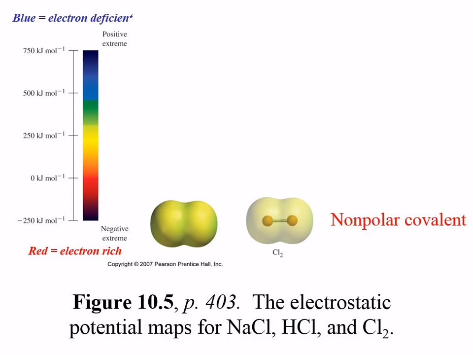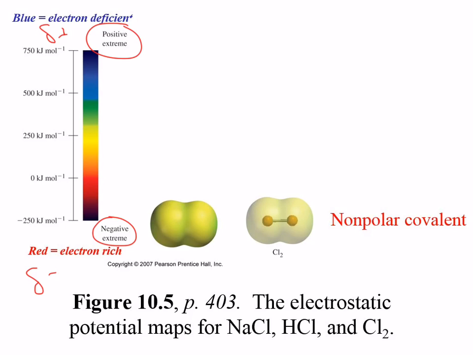So this is kind of neat, and I think we talked about these before. They're potential maps where the red indicates hot for electrons, the negative extremes, so this would be your partially negative, and anything that's blue would be electron deficient, so it would be partially positive. Notice with the chlorine molecule, Cl attached to another chlorine atom, it's perfectly covalent, so it's neutral.